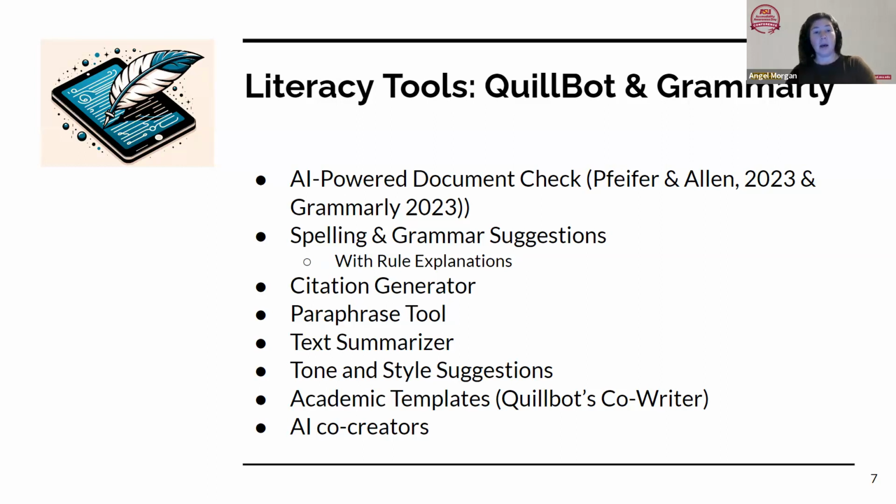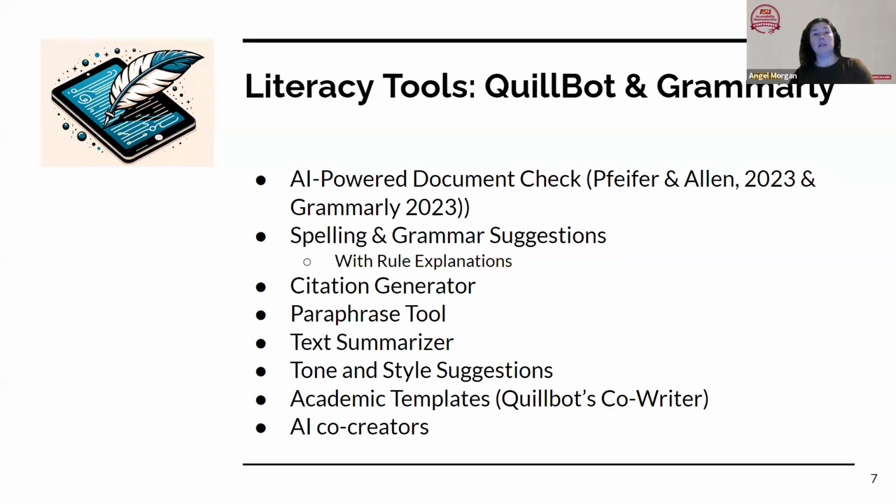So using AI technology, Quillbot and Grammarly enable quick and comprehensive checks of entire documents. The tools offer a range of features that help students in improving their writing. They can include suggestions for spelling, sentence structure, punctuation, and grammar, each accompanied by explanatory pop-ups that can help students understand the underlying writing rules.